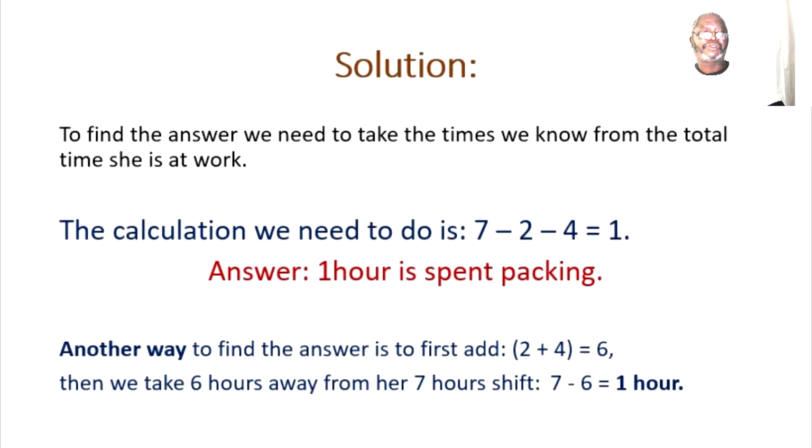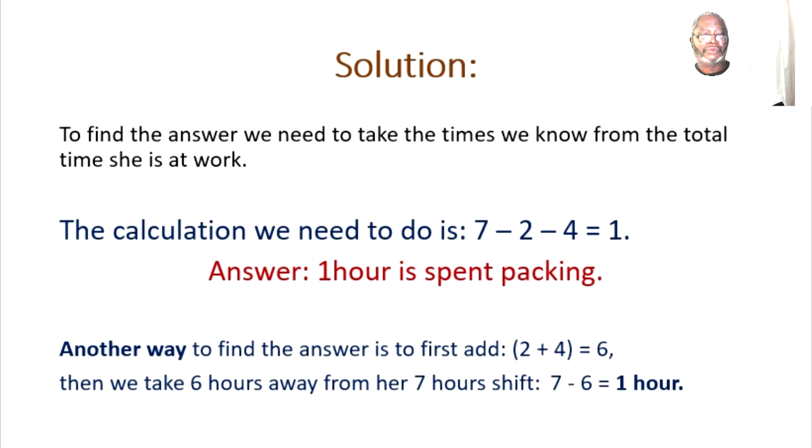To find the answer, we need to take the times we know from the total time she's at work. Okay? So the calculation we need to do is, we add the information we know, and then we take it from the total time, and then you will see the difference.